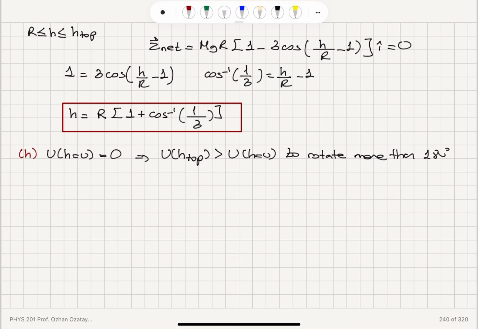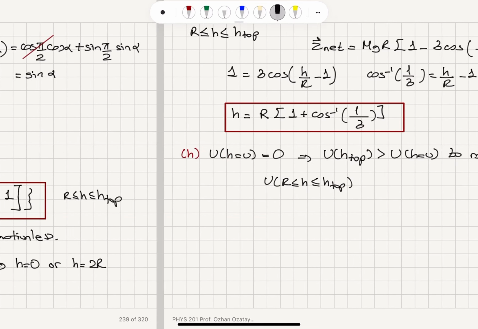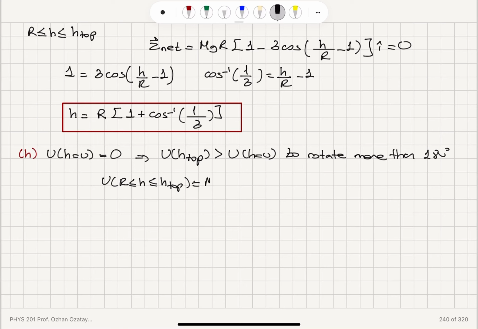What was the potential energy for h between R and h top? This is the potential energy we calculated in part F. It is mgR times (h over R minus sigma sine of (h over R minus 1), plus 1).